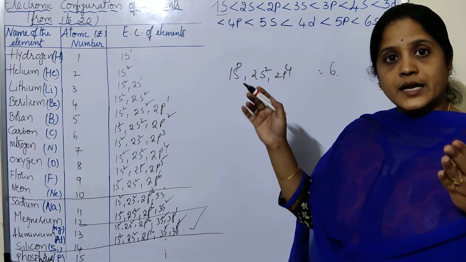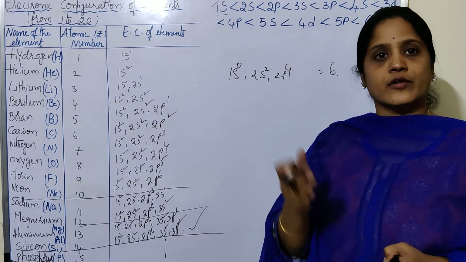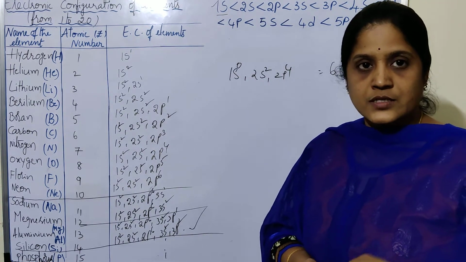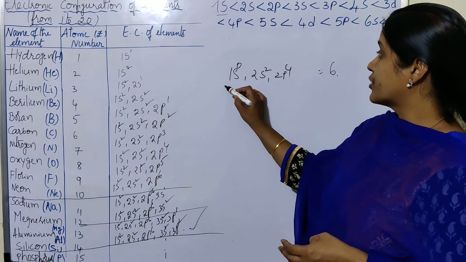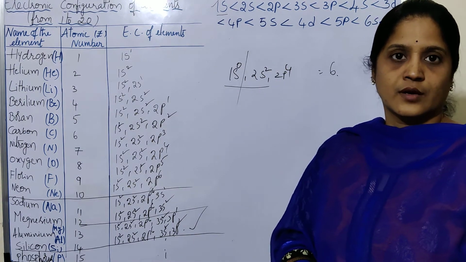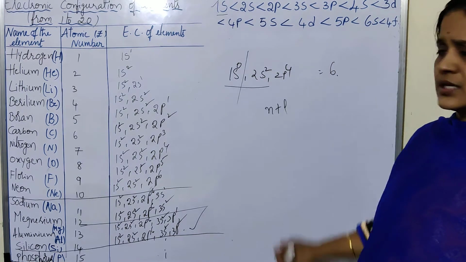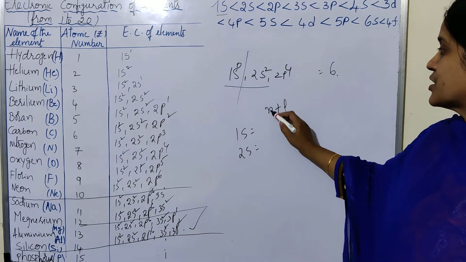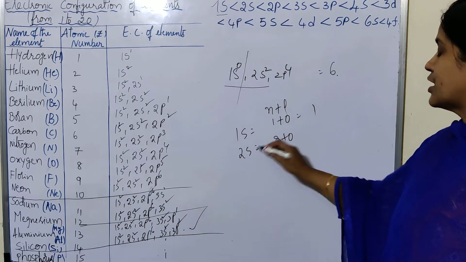Actually, while we are writing the electronic configuration of elements, we have to follow the ascending order of orbitals, like 1s less than 2s less than 2p, like that. So whichever has the lowest energy, we must fill the electrons in that orbital. Here if you take 1s and 2s, 1s has less energy. How do you know? Already we have discussed the n plus l method. 1s means n is 1, l value 0, so 1. 2s, 2 plus 0, is 2.